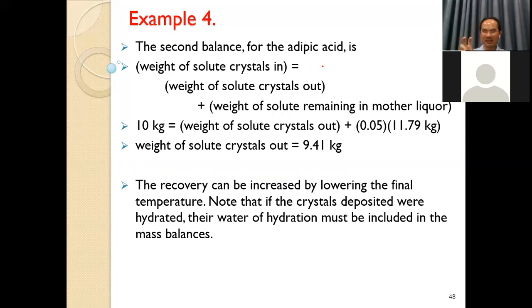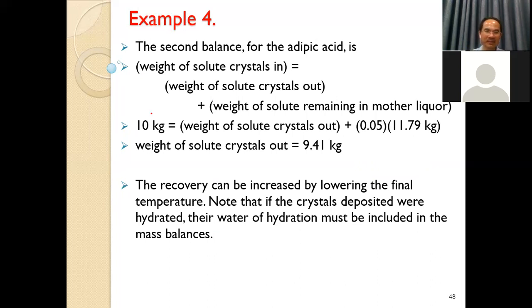Solid means the crystal of adipic acid, but the liquid contains two components, solvent and solute. The solvent is water, the solute is adipic acid dissolved in water. So adipic acid has two output streams, in liquid phase and in solid phase, and in solid phase it is in pure form.